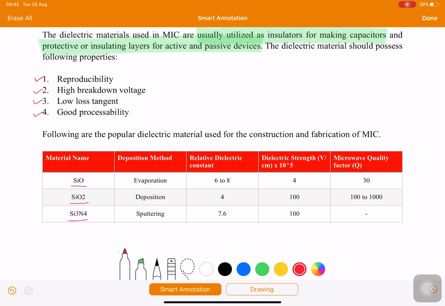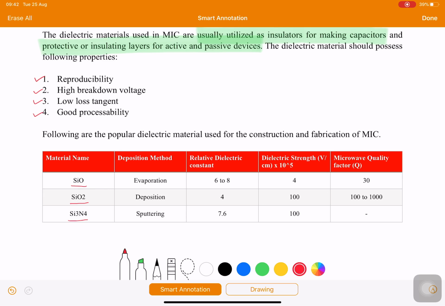So let me explain briefly what we mean by these deposition techniques. Deposition technique means integrating the dielectric material with the given microwave circuit in the construction. This integration or addition of the dielectric material in the given microwave circuit can be done in different ways. The first way is the evaporation technique.